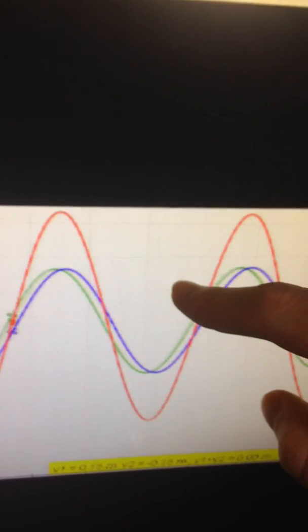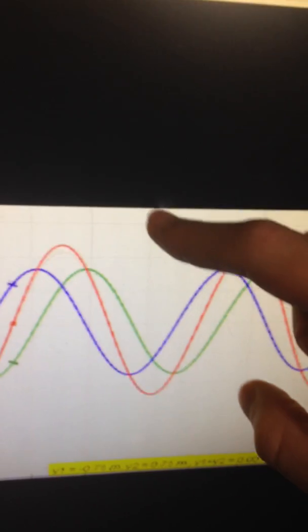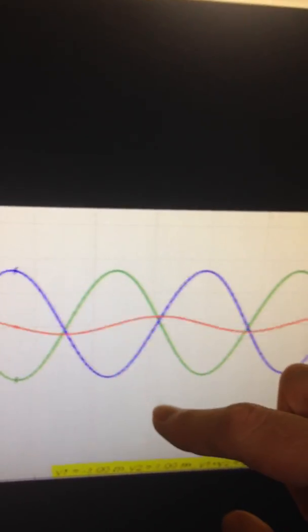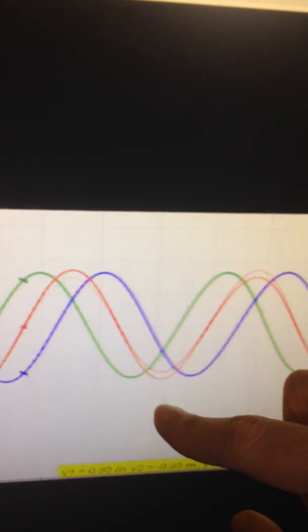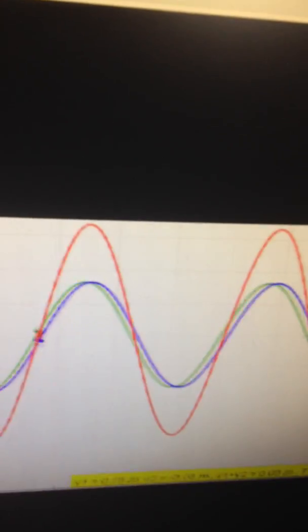So it's either at maximum decreasing to nothing, or it's at a maximum increasing to nothing.